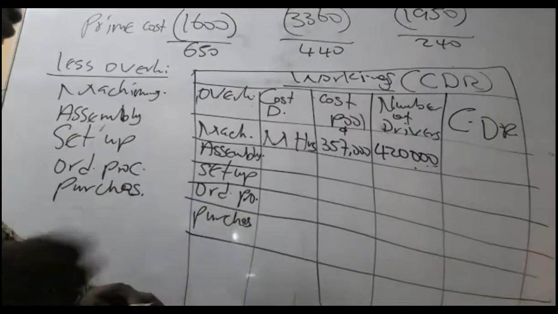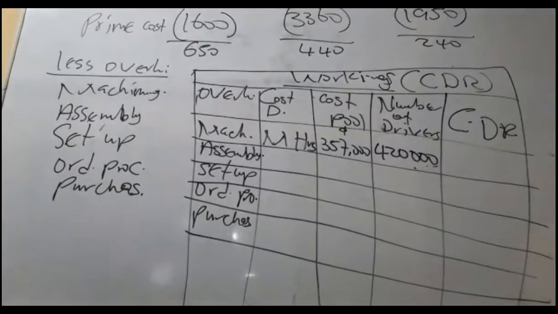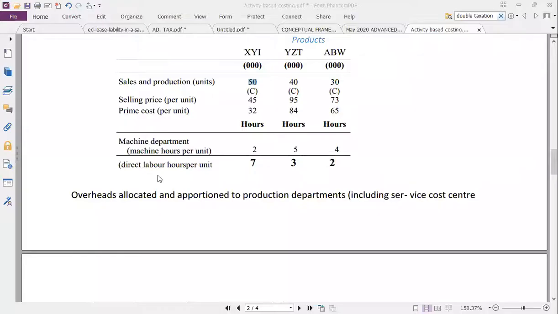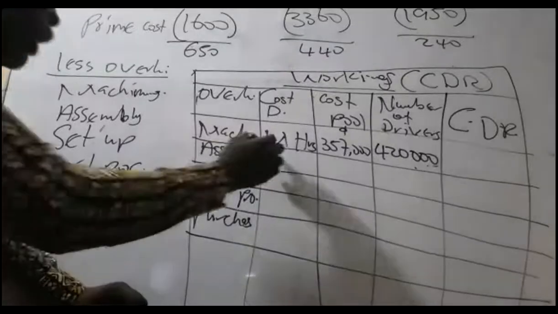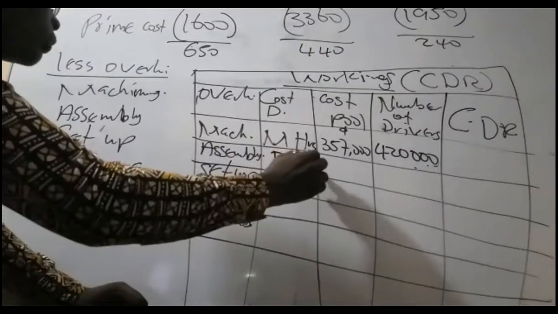Let's go to assemble. So for assemble, which of the cost drivers will be appropriate? Direct labor hours. So let's get in direct labor hours.